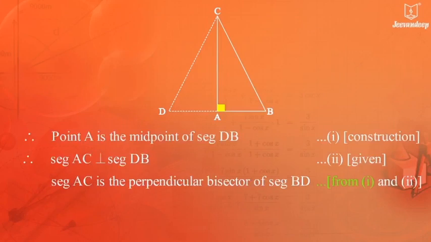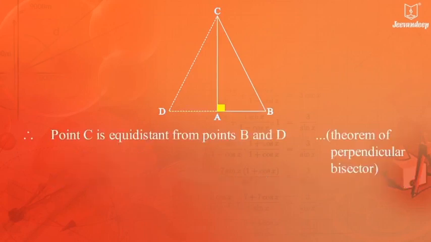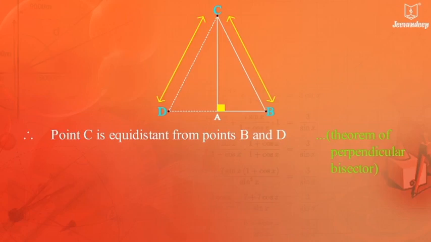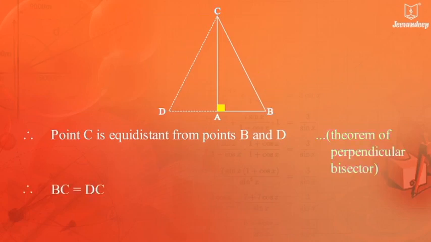Therefore, from equations 1 and 2, we infer that segment AC is the perpendicular bisector of segment BD, or point C is equidistant from points B and D, according to the theorem of perpendicular bisector. Therefore, BC equals DC.